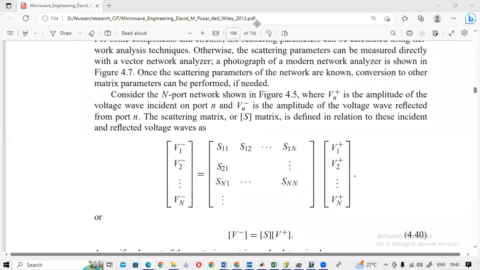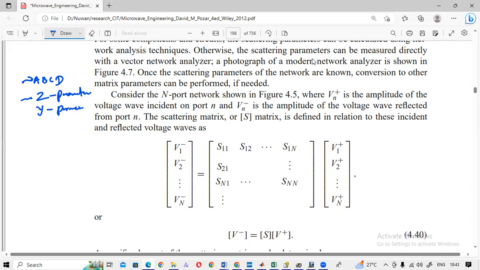Okay, so first you should understand one thing. When we are finding ABCD parameter and Z parameter, the impedance parameter, and also we have tried to find some Y parameter, admittance parameter.